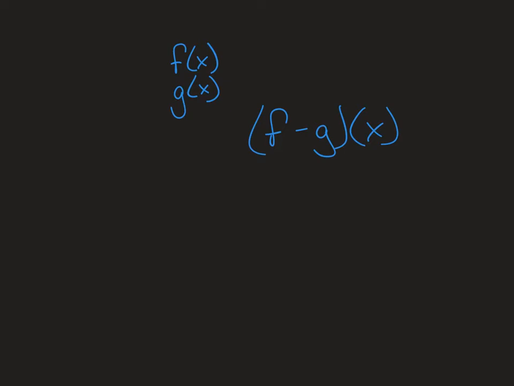Only thing I would advise on this is to make sure, especially on subtraction, you are going to be distributing a negative number. So if I say 2x plus 6, just for sake, and 3x plus 5, well, this is going to be 2x plus 6 minus parentheses negative 3x plus 5.